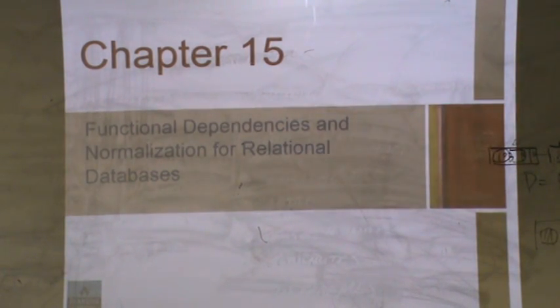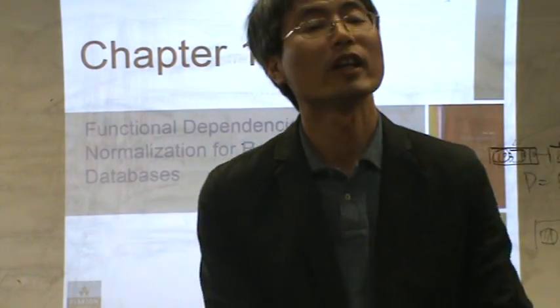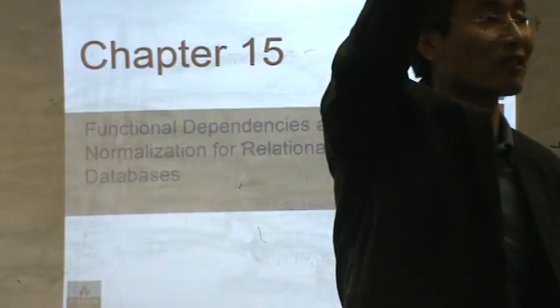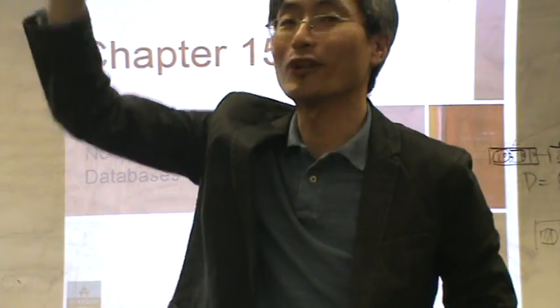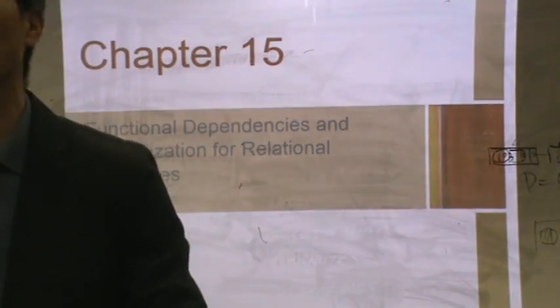ER model. So we have learned about database design. How did you design the database? ER model. So we can apply logical modeling, conceptual modeling, high-level modeling, which is not directly related to computer science. Instead, it can be a general idea.